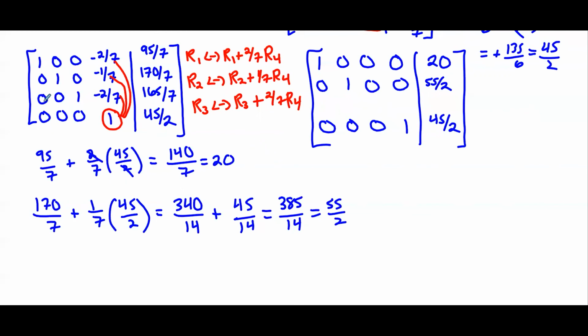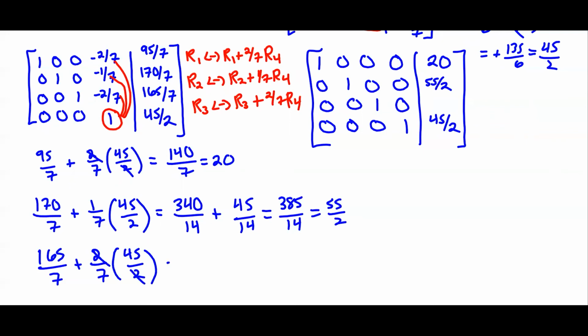And then the third row, row 3 plus 2/7 row 4, get 0, 0, 1. And then negative 2/7 and 2/7 is 0. And then I have 165 over 7 plus 2/7 times 45 over 2.